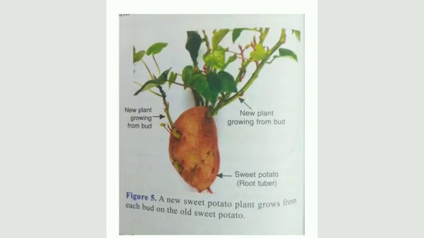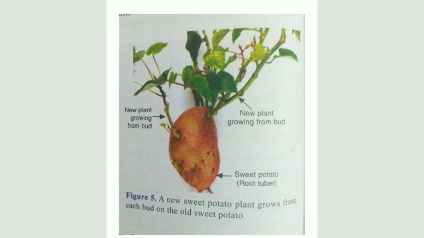Here is a picture left in the root system, so I placed it here. This is a modified root, not stem. This sweet potato plant grows from each bud on the old sweet potato. Sweet potato is a root tuber.